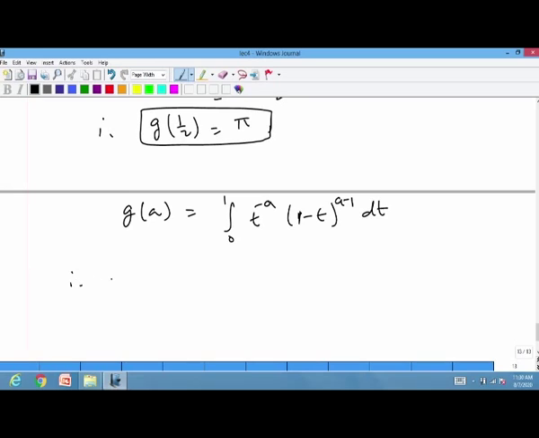So, therefore, g of 1 minus a is equal to the integral from 0 to 1 of t to the power minus of (1 minus a), and (1 minus t) to the power, a is replaced by 1 minus a minus 1, dt.